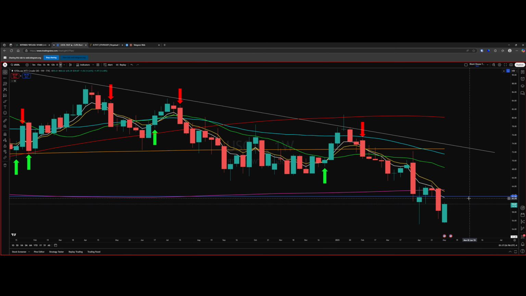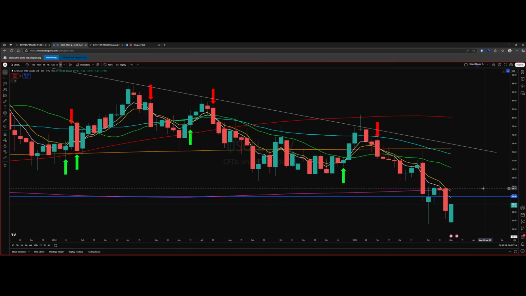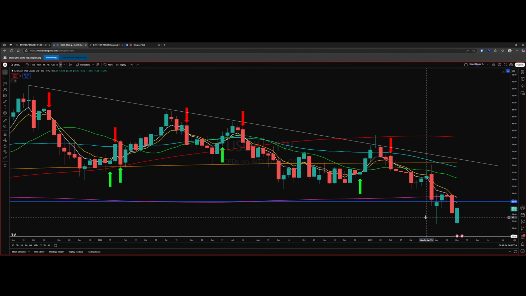Now, maybe it'll get saved by the next candle that'll start to push higher. But we can only look at what's in front of us right now. Right? Don't look forward, because you can't. You can't look past the right side of the chart. You have no idea what's there. It's a mystery.